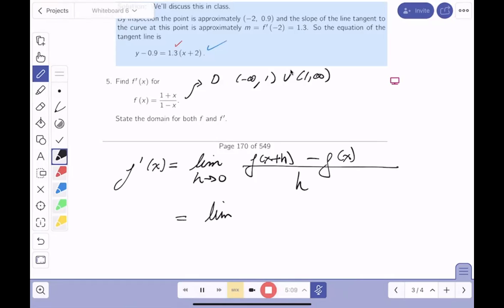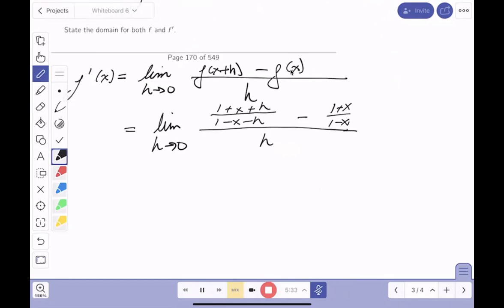This is the limit as h goes to 0, minus f of x. I'll put this up here. 1 plus x over 1 minus x. What goes over here? 1 plus x plus h over 1 minus x minus h.